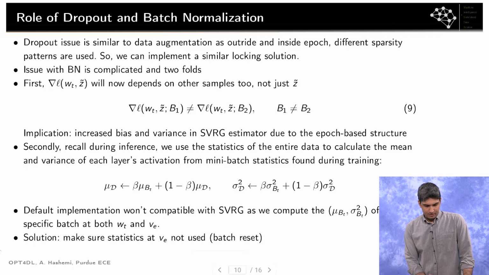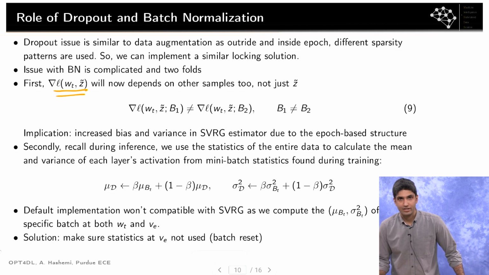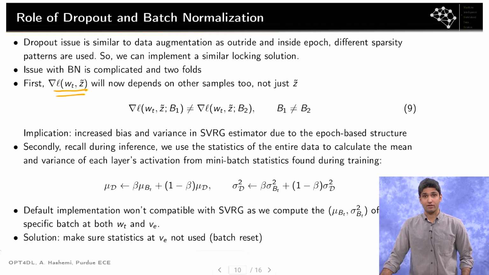Now, the issue with batch normalization is slightly more complicated, and it's actually twofold. First, let's talk about this stochastic gradient. That again is a component in our update vector. Okay, so this now actually depends on other samples because batch normalization basically normalizes the activations according to the statistics of the batch.